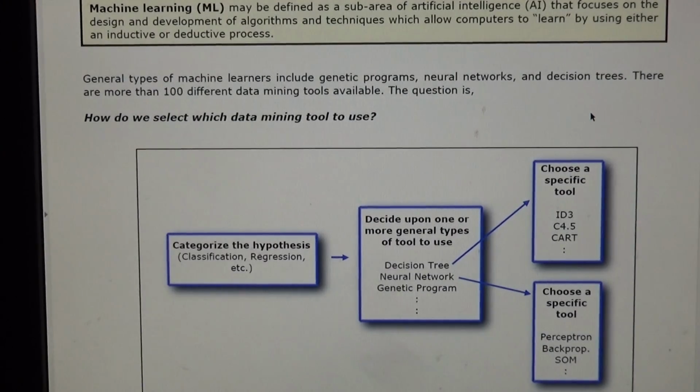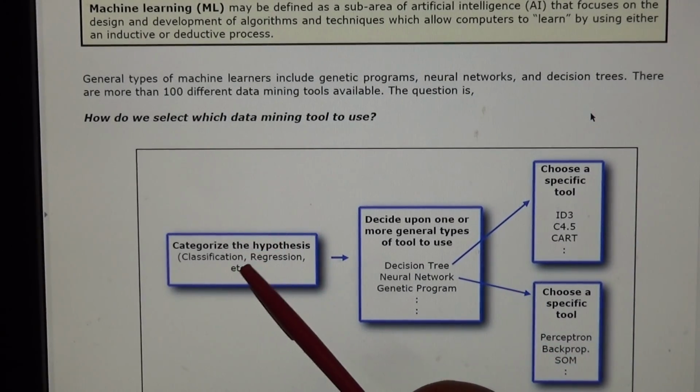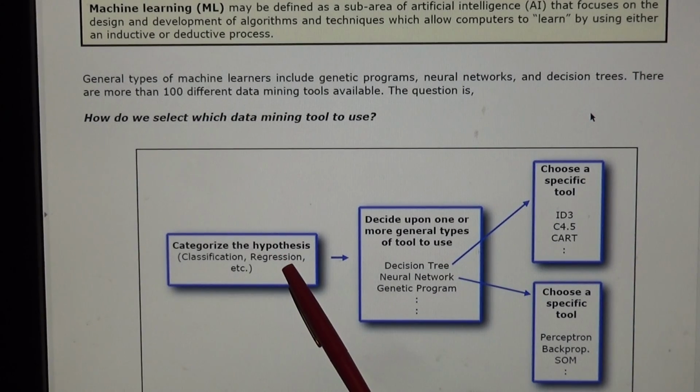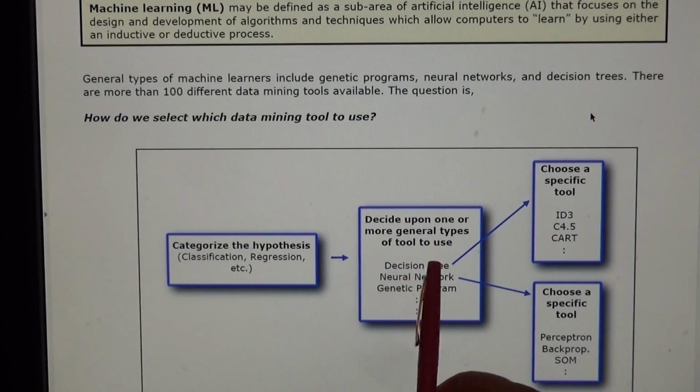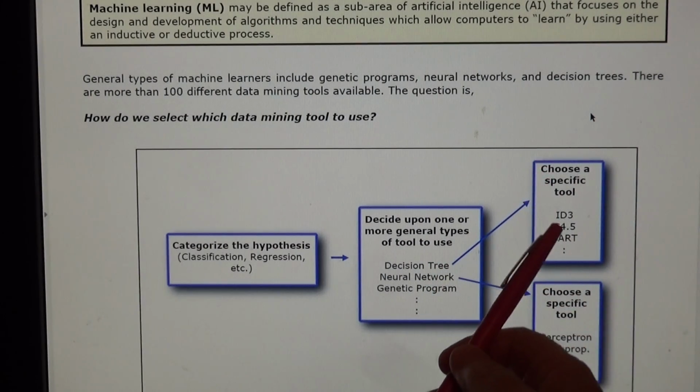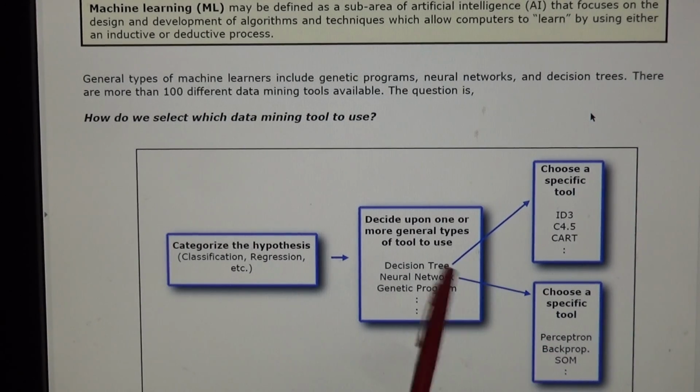And the tools might be, well, here's what happens. We categorize the hypothesis. Is it a classification problem? Is it a regression problem? Then we might think about, well, we could use a decision tree. And within decision trees, there are a lot of options. Or neural networks, like perceptron, backpropagation, self-organizing map, and so forth, and genetic algorithms, which I didn't show.